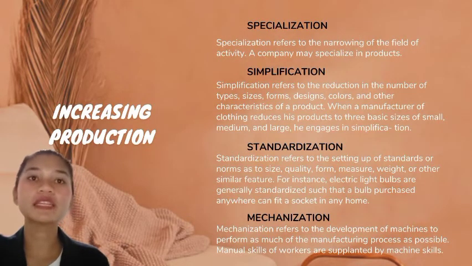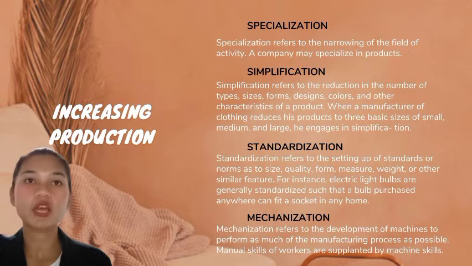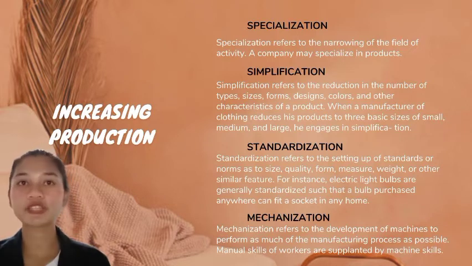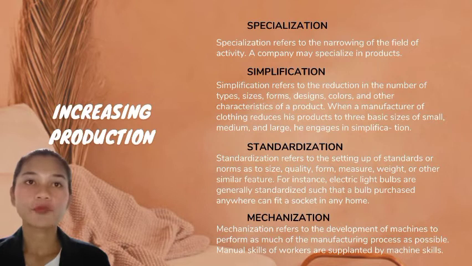The next slide is the second subtopic, which is increasing production. Marketing, transportation, office administration, and other corporate operations have all benefited from the effective application of proper production processes.